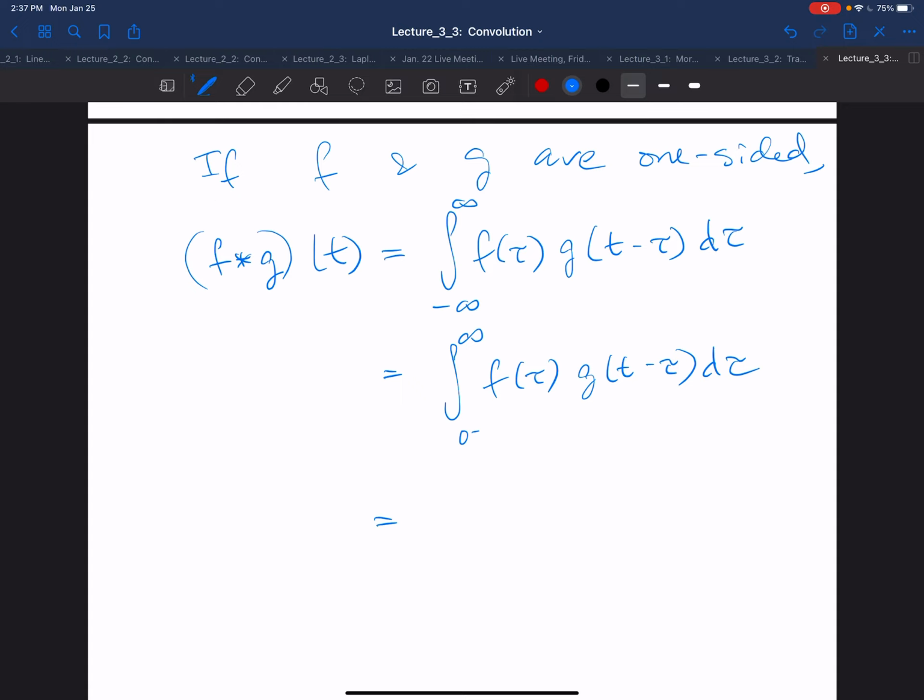But then what about g? If g is one-sided too, then g is going to be 0 whenever its argument is negative. And its argument is negative as soon as tau becomes greater than t. So in fact, we can just integrate up to t.